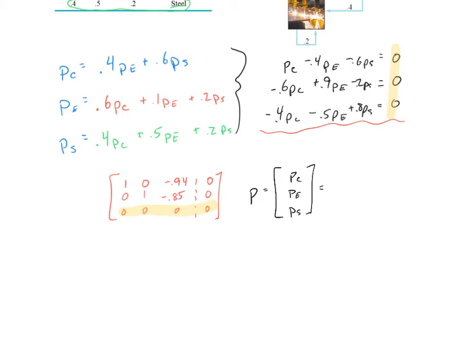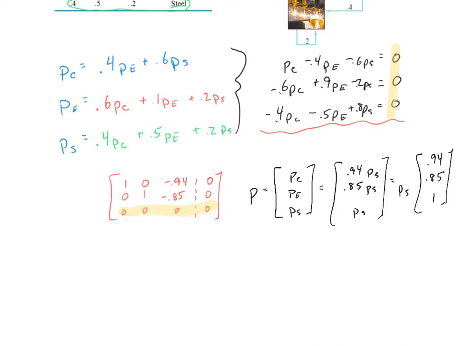And using the techniques from the previous section, our free variable is the price of steel. So we write all three solutions in terms of that one free variable, and then factor that free variable out of our vector: 0.94, 0.85, and 1.